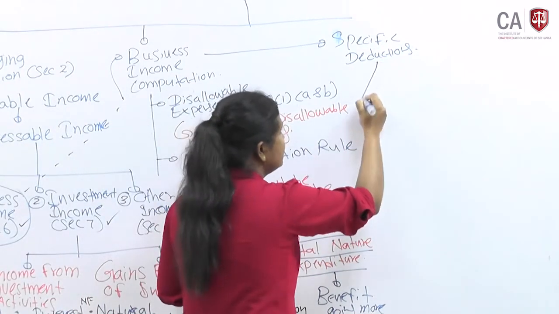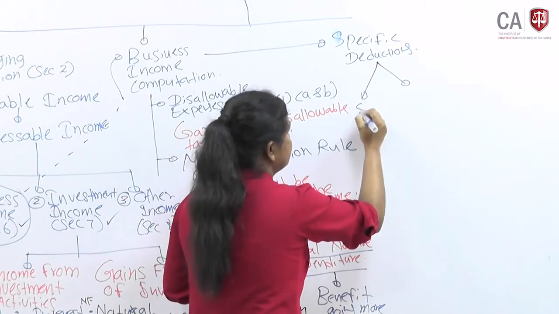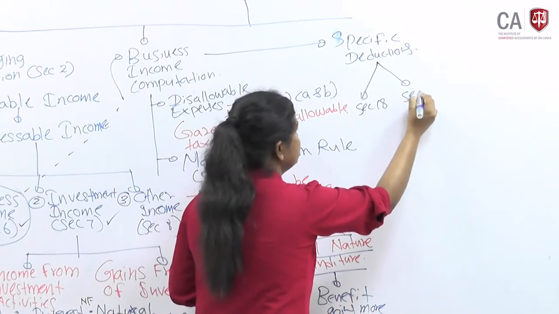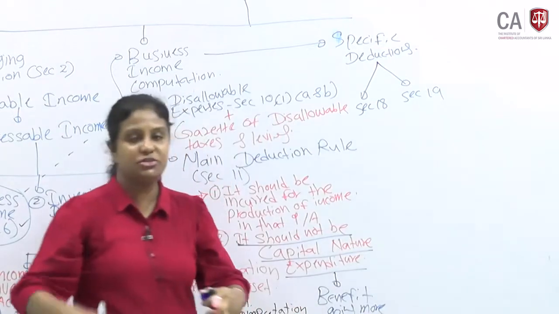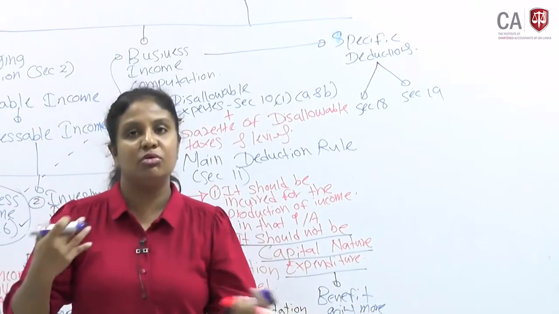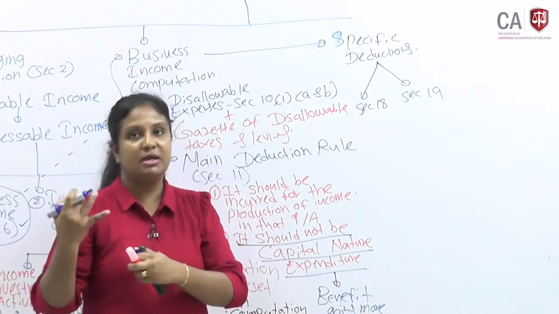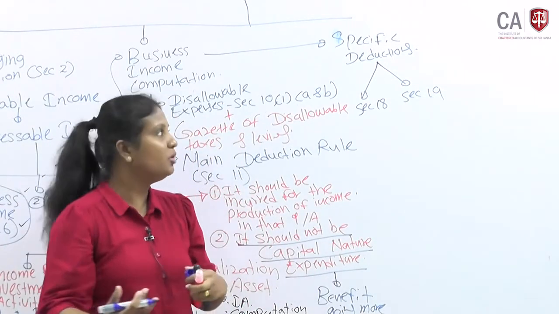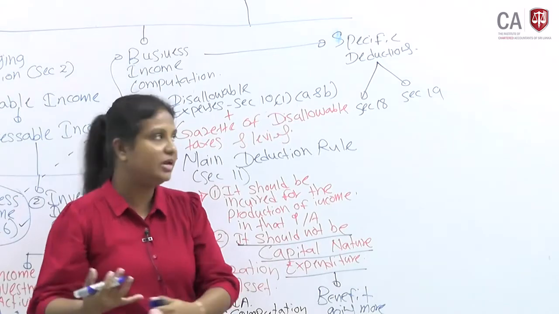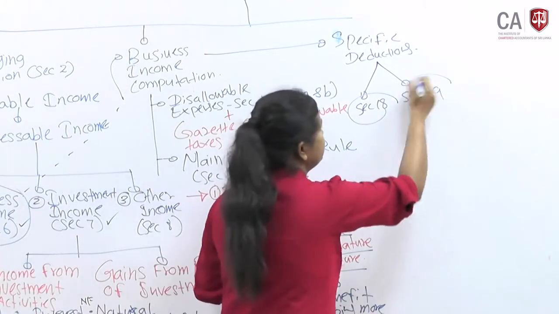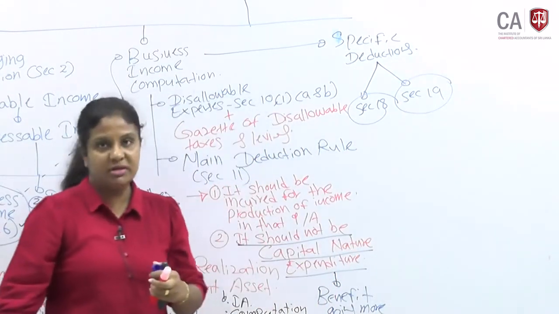Especially in this, I will take section 18 and section 19 because I thought it's good to have more understanding of these two sections. Others also are important, but there is more coverage, but for these two I need to explain the important areas.